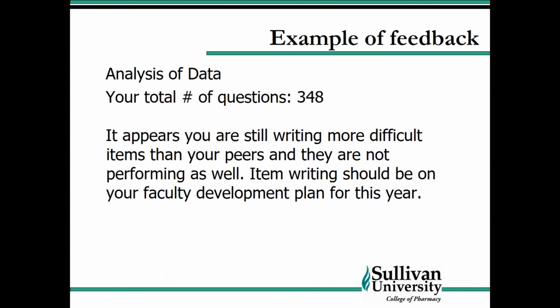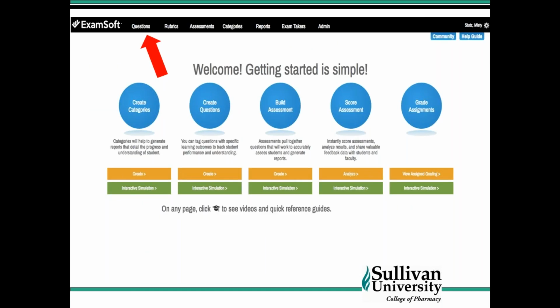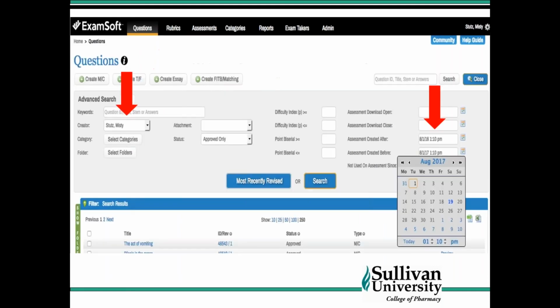Okay, so you're probably wondering where you got this data? Well, let me show you how I got this in ExamSoft. So if you go under the question tab from the main page on ExamSoft, and then you put in the creator of the question. So there's a tab down, and we do mark, like Kim mentioned earlier, the creator of the question.